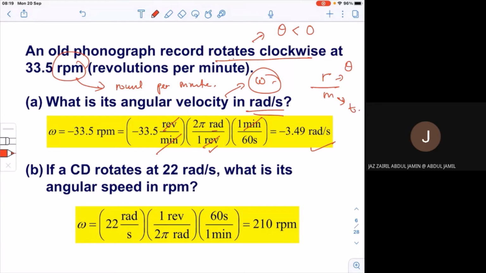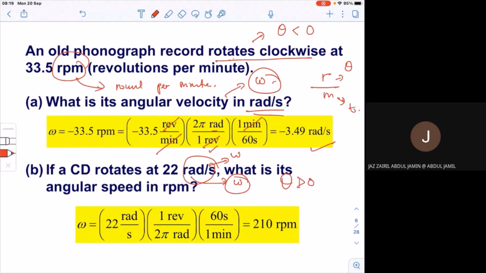B, if a CD rotates at 22 radian per second, what is its angular speed in RPM? From the units itself, we can know this is omega, and theta will be greater than 0 because the value is positive.